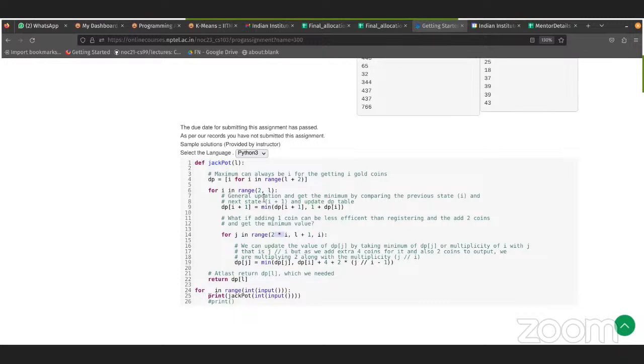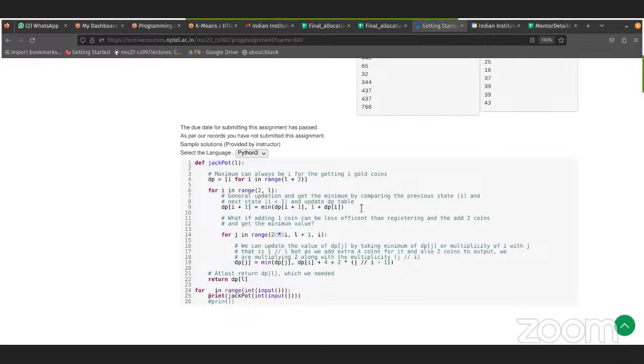Say somehow my dp of 5 is some x, or 10. Now the multiples of 5, that is 10, 15, 20, all will require only plus 2 coins to be spent, because they have all been remembered.